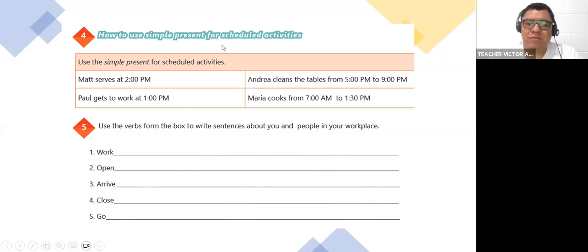Now, in this second part, it says use the verbs from the box to write sentences about you and people in your workplace, right? We have here some examples: work, opens, arrives, closes, go, close, go, arrive, open, and work. What I will do is the following.